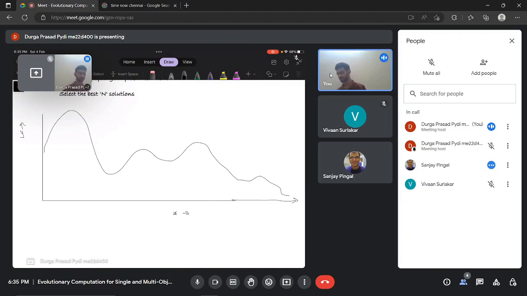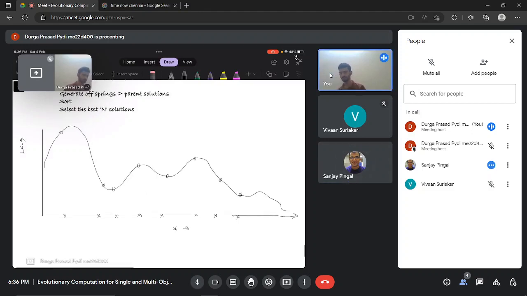So we are essentially generating, say, 8 points at random. So maybe 1, 2, 3, up to 8. These are my 8 population members, so you essentially have 8 points corresponding to them. These are the fitness values.